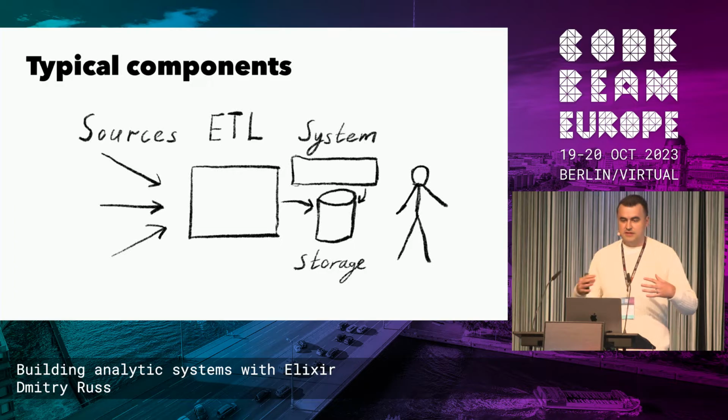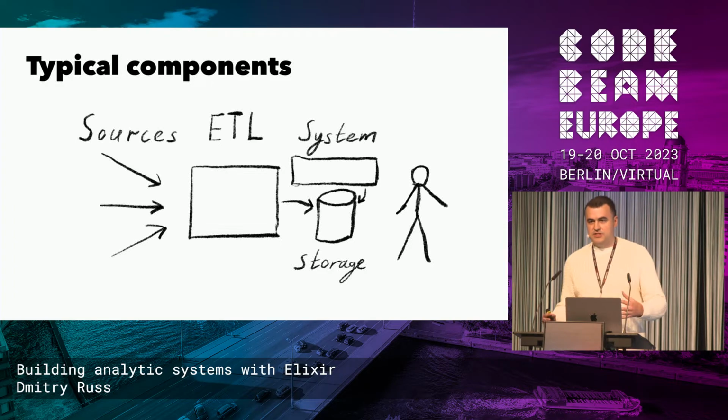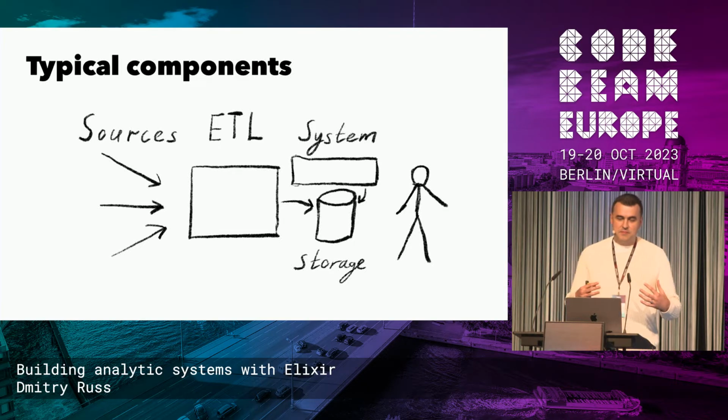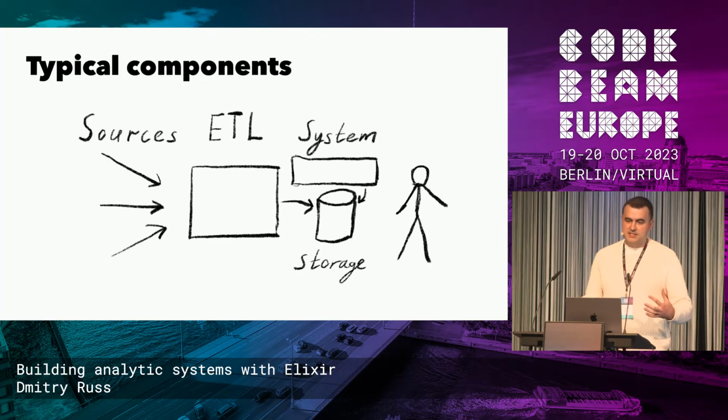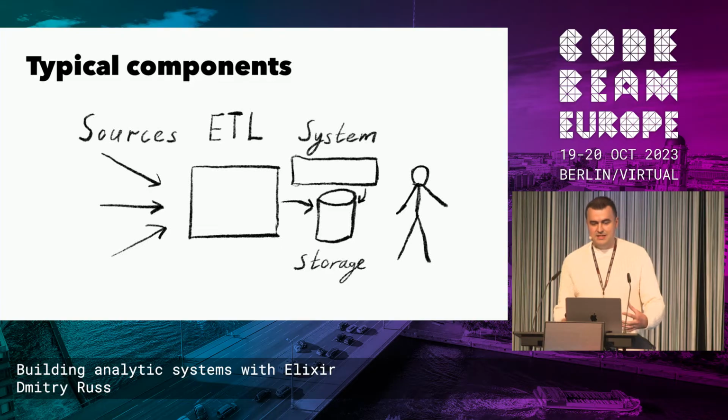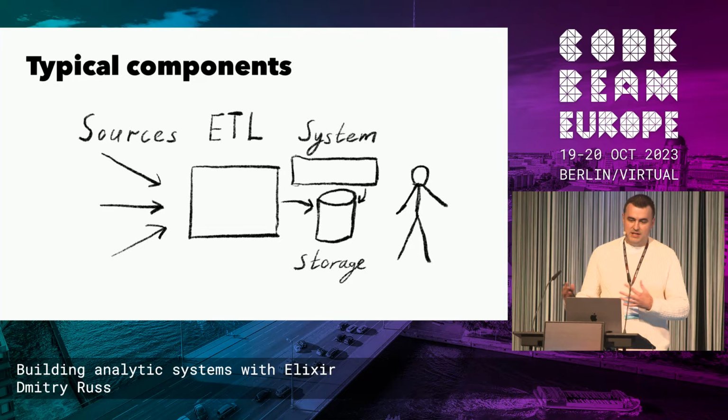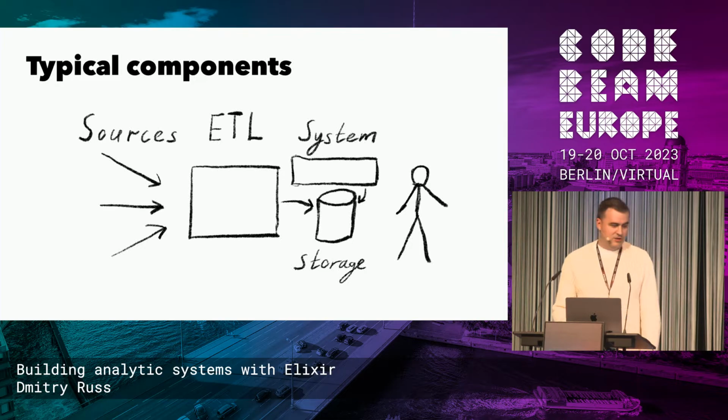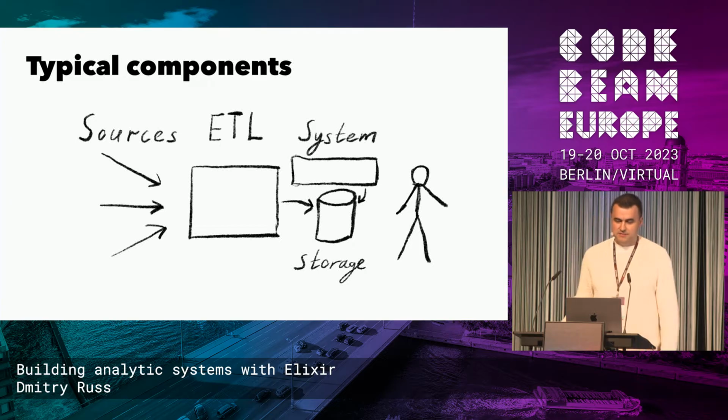You have very often some ETL system which needs to process this data, pre-process it, to make it in some sense that your system can effectively use it. So it's stored in a different storage than your production data. And you of course have a user.